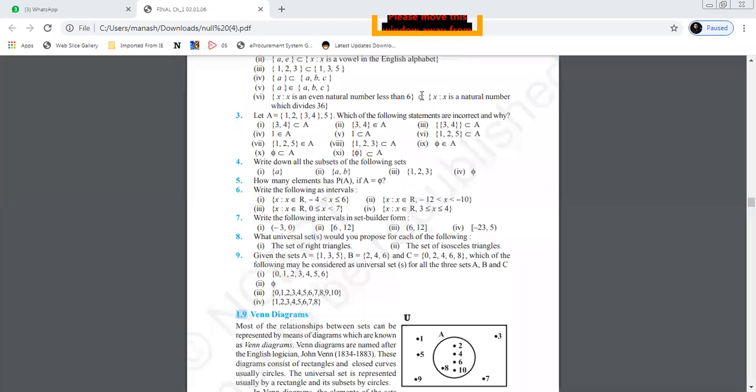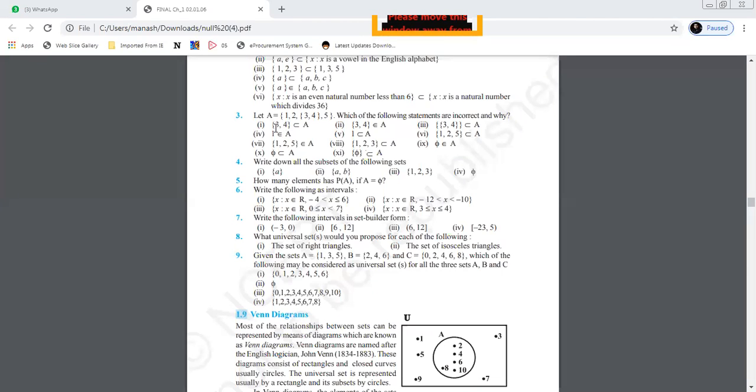See, because 3/4 is an element of this set A. Clear? It does not represent a set. When can we say that A is a subset of B? In that case, both A and B must be sets.